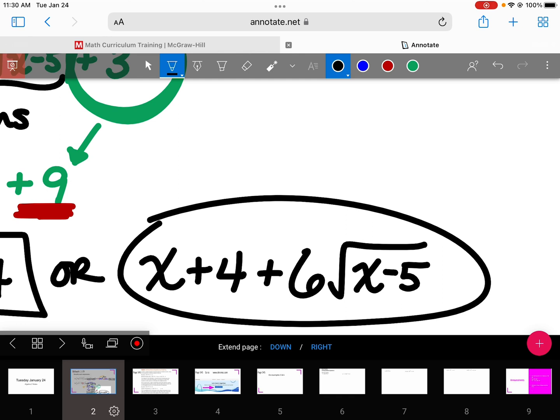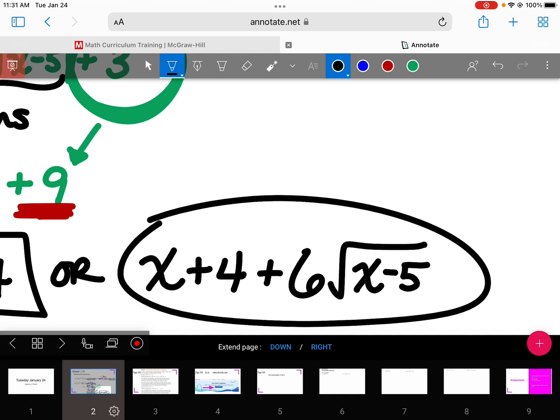The right-hand side of the equation just has a 9, so I'm going to put y equals 9. Do these two things cross each other? Yes. I'm going to click on the point where they're crossing each other, and the x part of that ordered pair would be my solution to this equation. So right here, I'm going to click where they're crossing. 1.292, the x part of the ordered pair, because I would be solving this equation for x. So the x part of the ordered pair would be my solution.